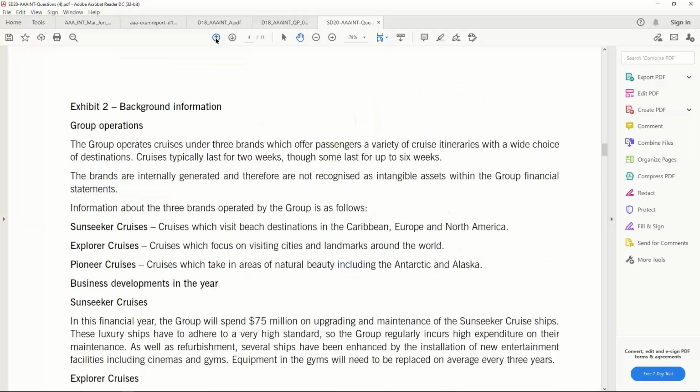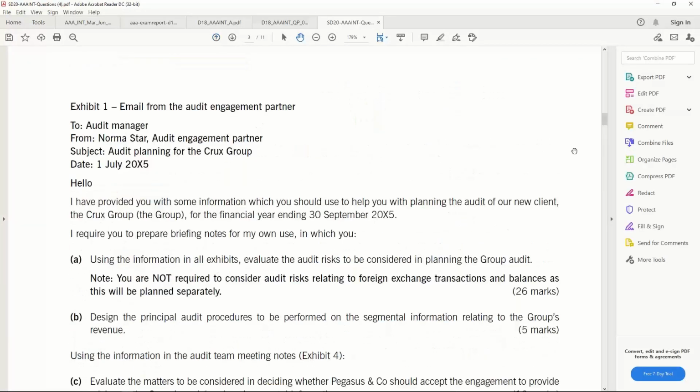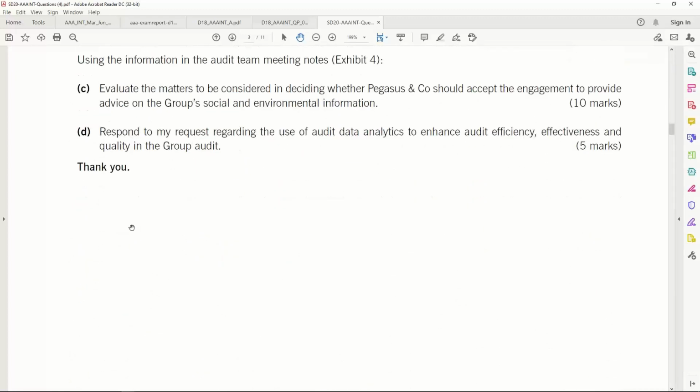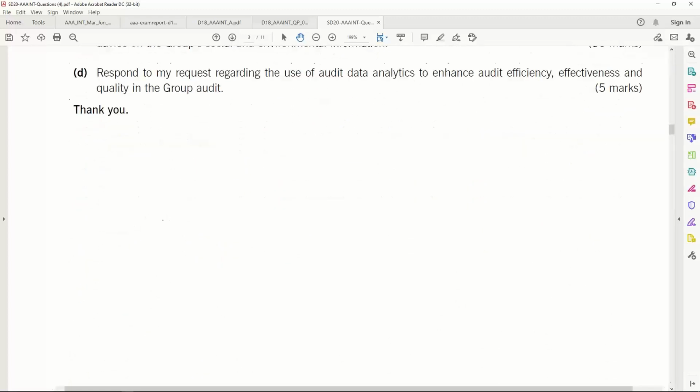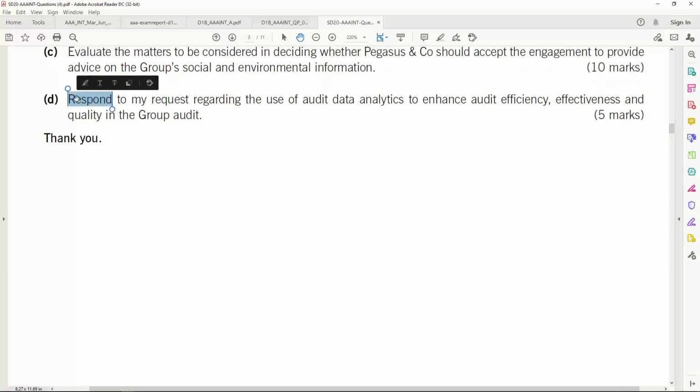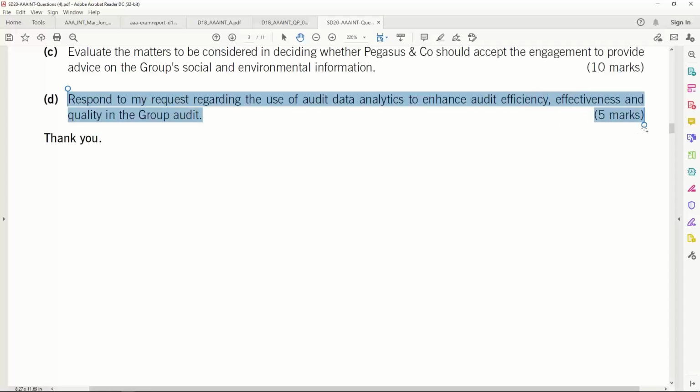Now, just to give you a glimpse, in the September-December 20 exams, which you can see right in front of your screen now, look at question number 1, the 5 marks requirement. It asks you to respond to the request regarding the use of data analytics to enhance audit efficiency, effectiveness, and the quality of the group audit. 5 marks.